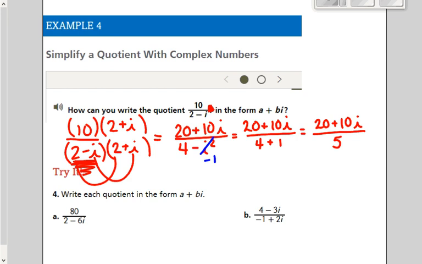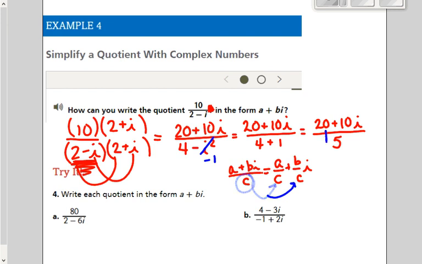So our goal of getting the i away from the denominator has been achieved because now that denominator is just 5. Finally, we're going to finish the problem by taking the denominator 5, and we're going to apply this rule over here that I'm writing. If you have a plus bi and you divide both of them by c, we can divide each of those a and b by that denominator c.